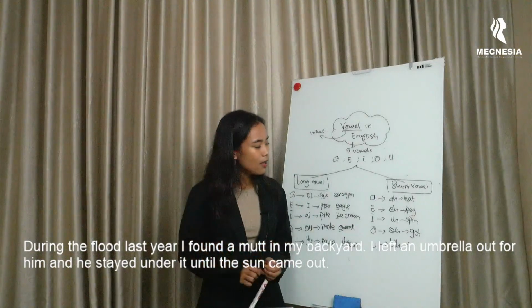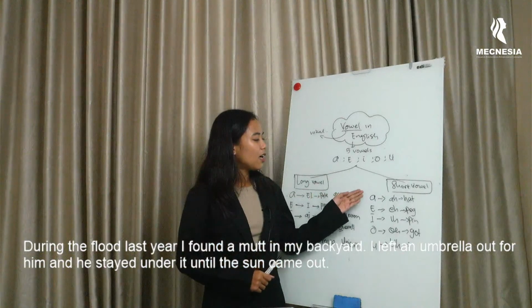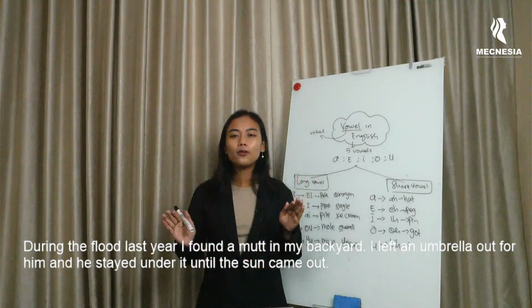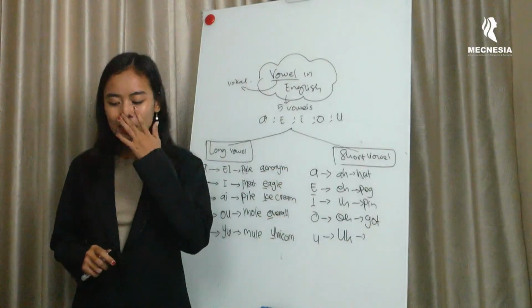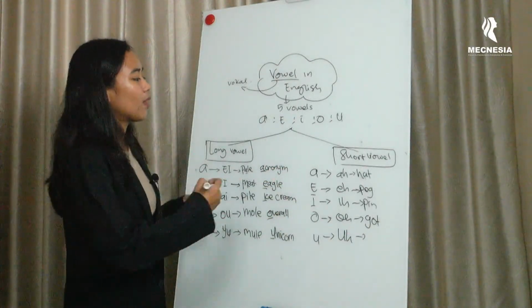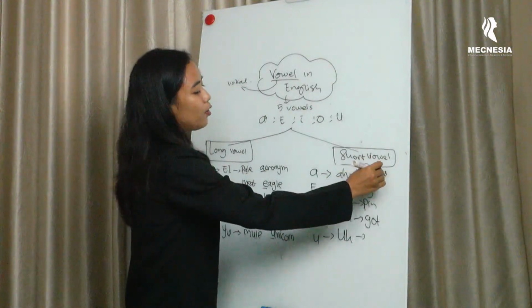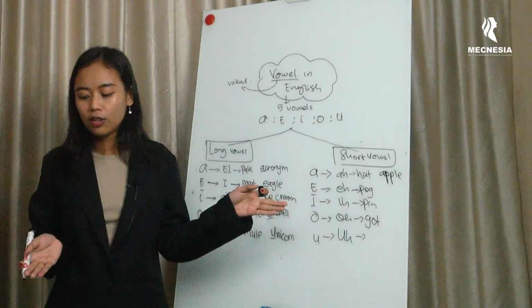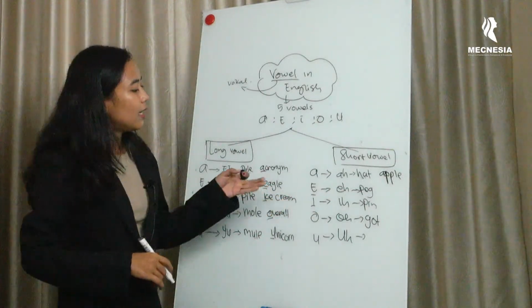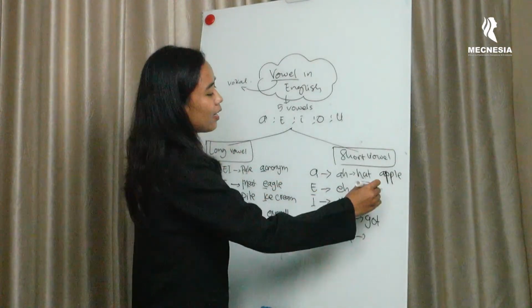Well, if you forget how to pronounce the short vowel, kalau kalian lupa caranya nge-pronounce short vowel, kalian bisa ingat dengan beberapa kata ini. As in apple. Seperti kata apple. Next, like in elephant.